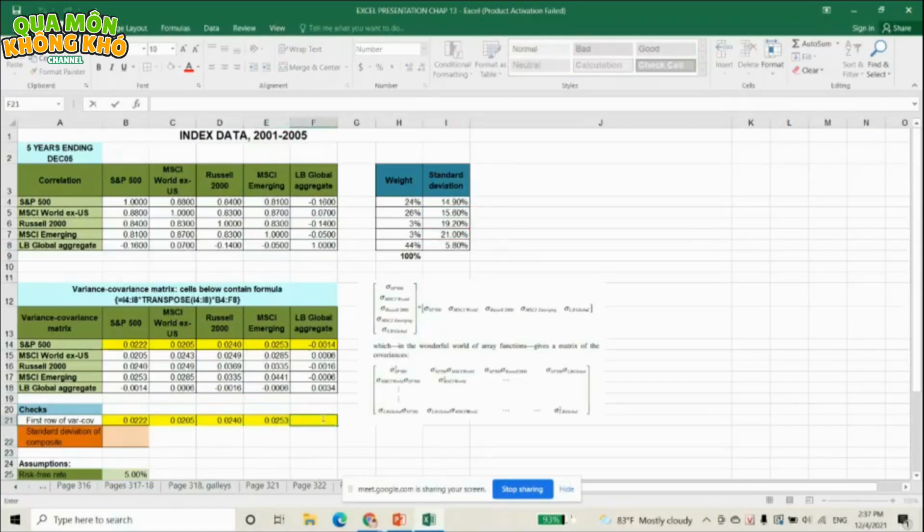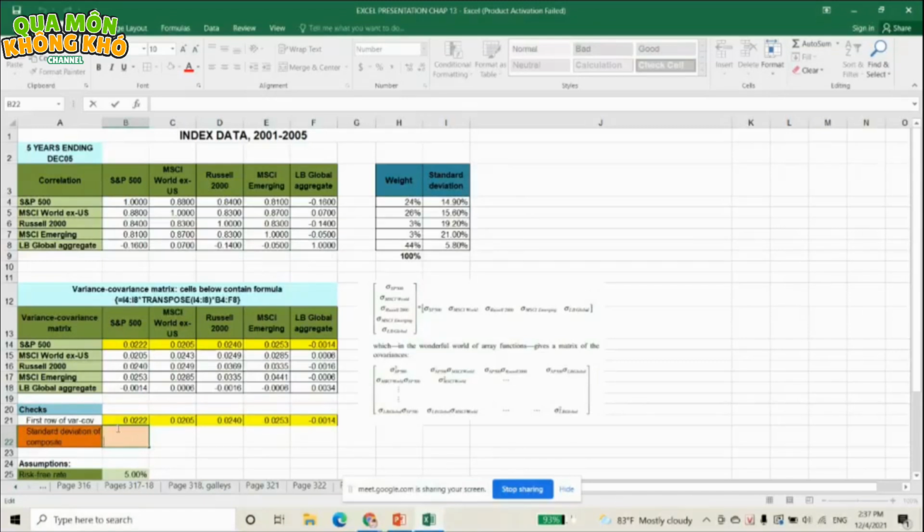And the last cell, S&P multiplied with global aggregate and correlation. So we can see the two rows I highlighted are the same. So our array formula is correct.